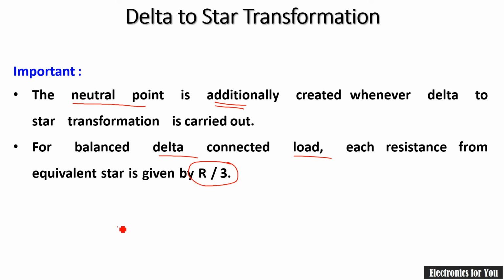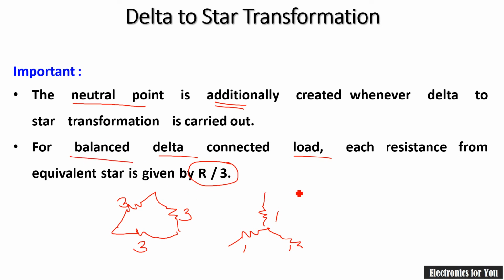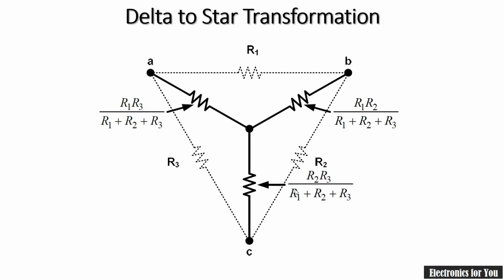For example, if a delta has resistances of 3 ohm, then the required star connection will have R by 3 each, meaning only 1 ohm. So this is a star. This was about the balanced delta connected load.